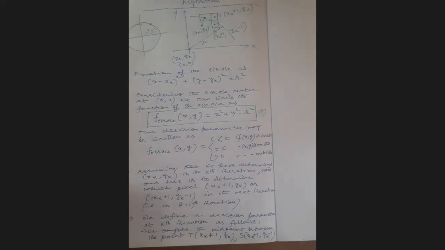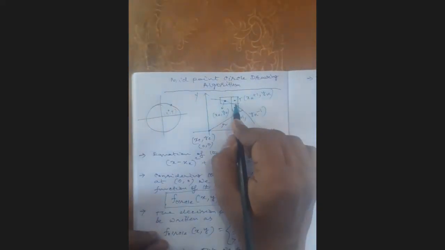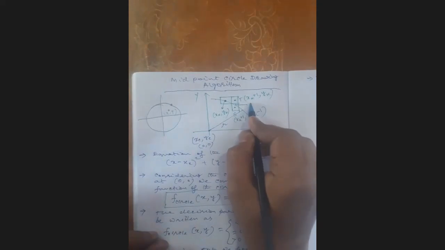So what will be the midpoint value? Let's say that is m. The midpoint will be somewhere here in this position. Let's say this is m.